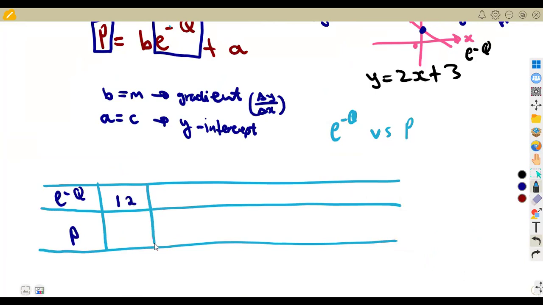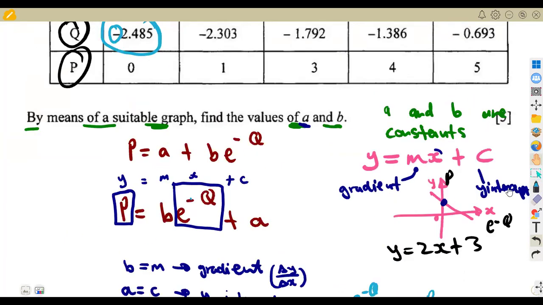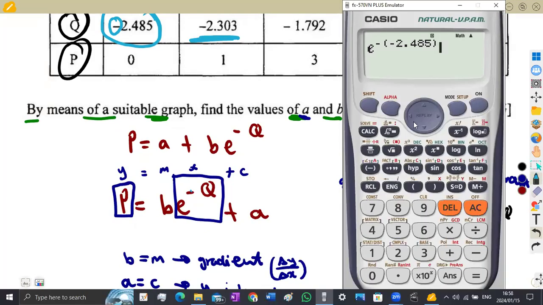We move on to the other value. The second one, as it is on our table here, the next value is minus 2,303. So we are going to have the same thing on our calculator. This is going to be minus. We're just going to change this. That's already a negative. 2,303.